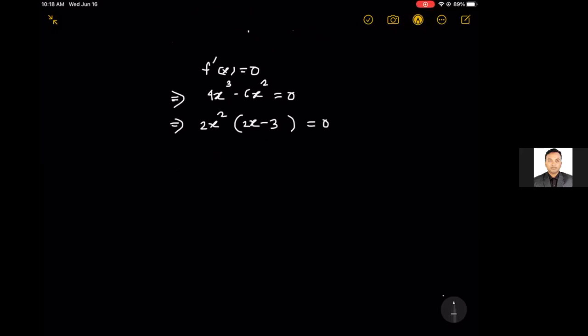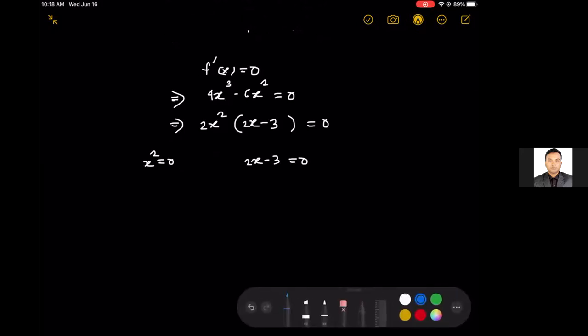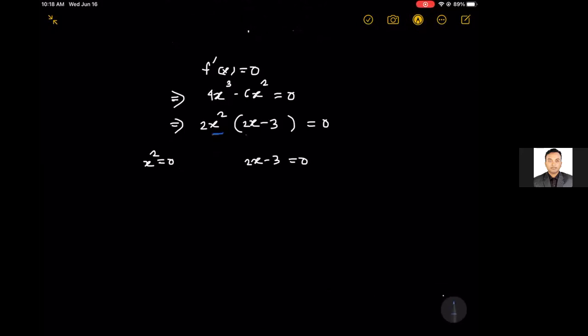So now, if we solve it, that means x squared is 0, or 2x minus 3 is 0, right? Because if you have 0 as the product of more than one expression, then either of these has to be 0.